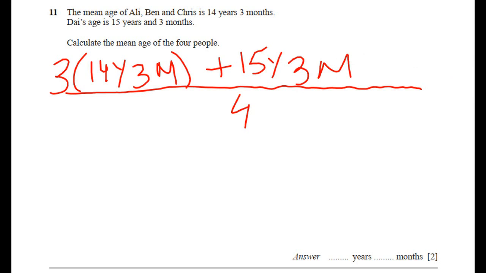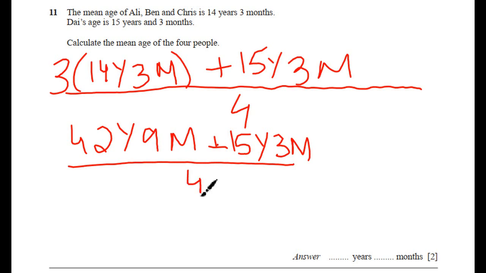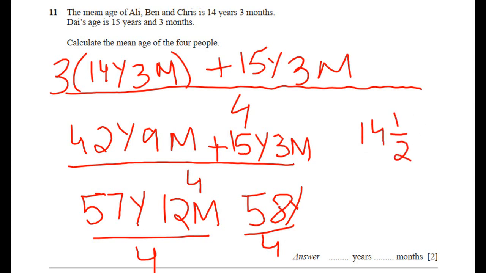This gives us 42 years 9 months plus 15 years 3 months, divided by 4. The numerator becomes 57 years 12 months, which is actually 58 years. 58 over 4 is 14 and a half years. So the final answer is 14 years and 6 months.